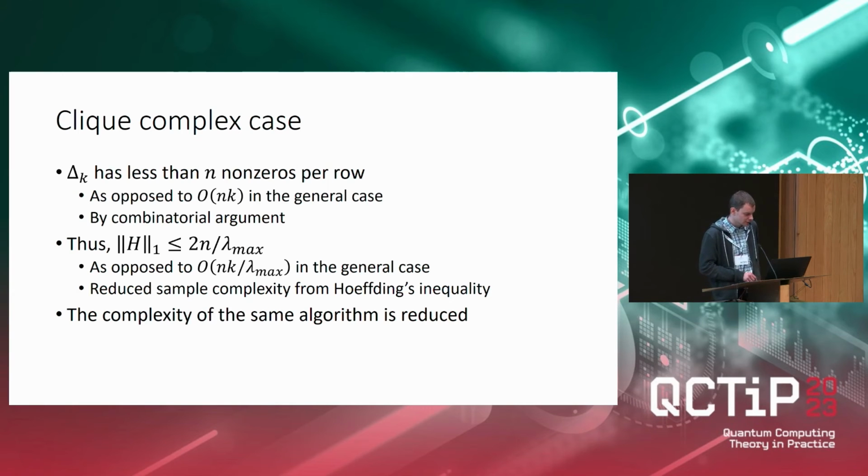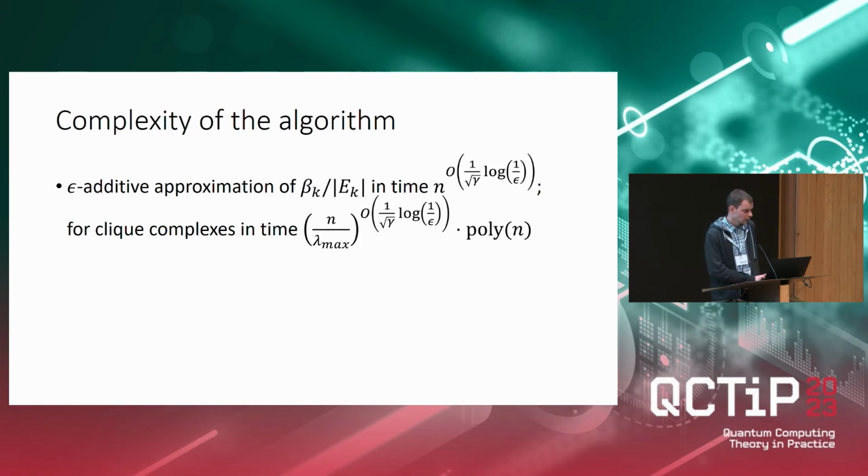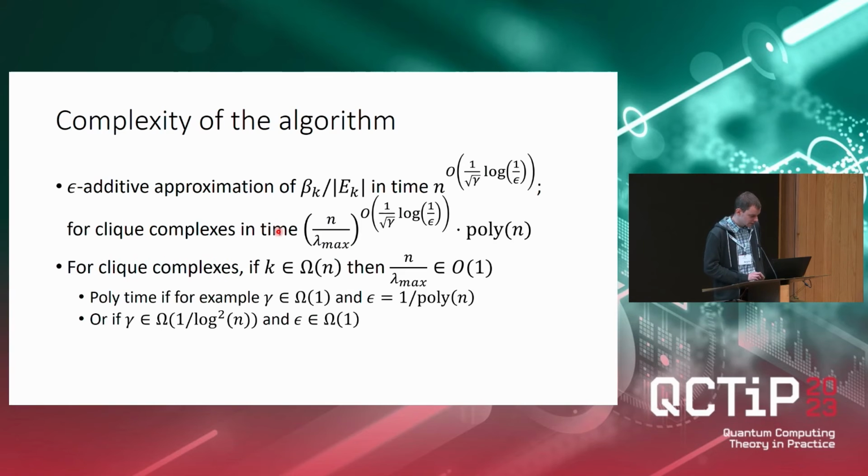So what are these complexities? In general, we can get an epsilon additive approximation of the normalized Betti number in this time. Here the square root is exactly there because of the Chebyshev polynomial trick. And for clique complexes, it becomes n over lambda max, which means that in the clique complex case, if k is omega n, then we know that the maximum eigenvalue of the combinatorial Laplacian is going to be of the order of n.